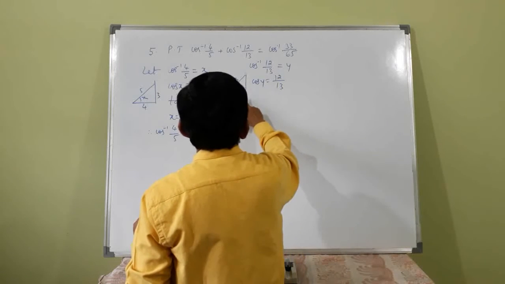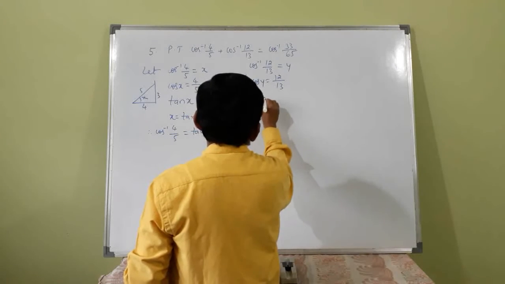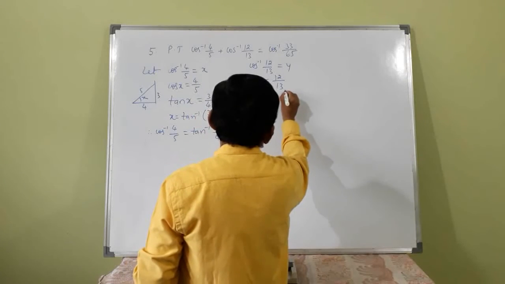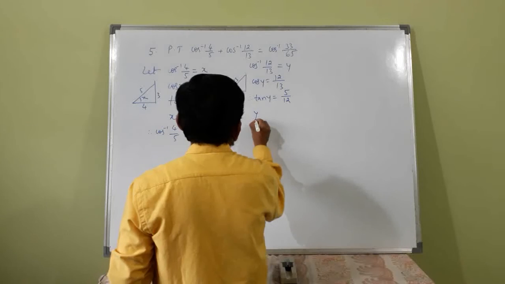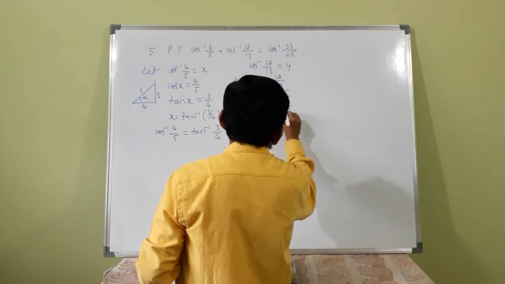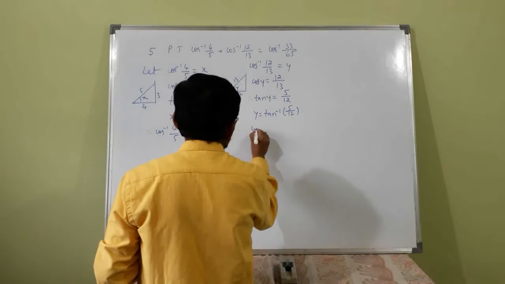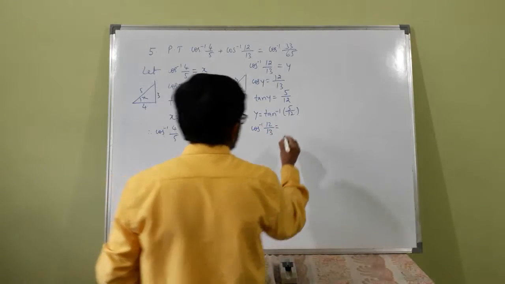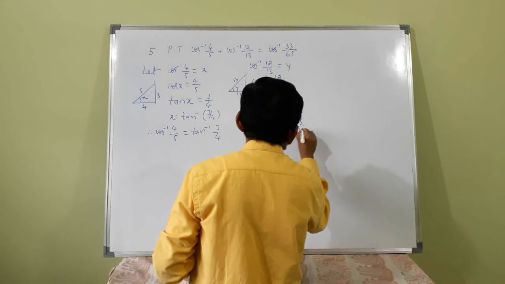So tan y is 5 by 12. Okay, so y is equal to tan inverse of 5 by 12, or cos inverse of 12 by 13 is equal to tan inverse of 5 by 12.